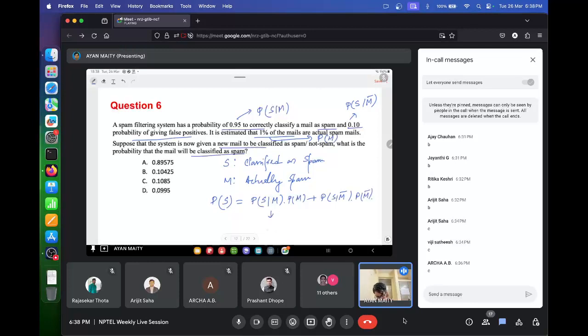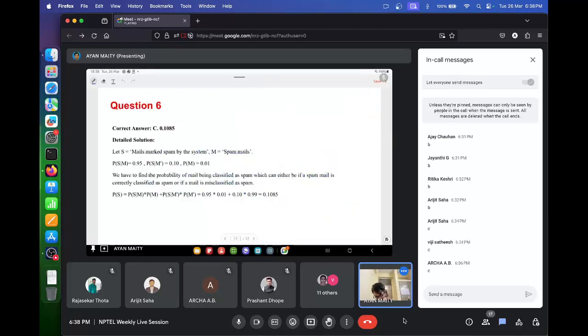S given M is given as 0.95, probability of M is 1%, which is 0.01, probability of S given M complement, which is the false positive probability, is 0.10, and probability of M complement will be 99%, that is 0.99. If we put these values into this equation, we get the probability that the mail will be classified as spam, and the correct answer would be option C.